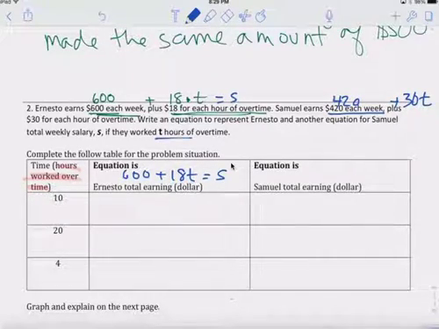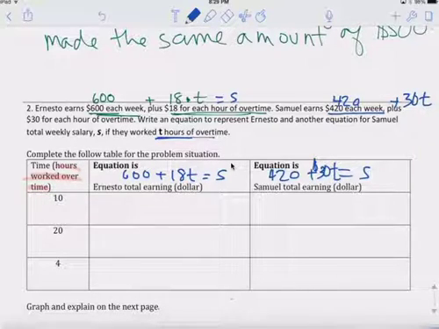T is the number of overtime hours, equals S. 420 plus 30t equals S. $30 times the number of hours of overtime equals S.